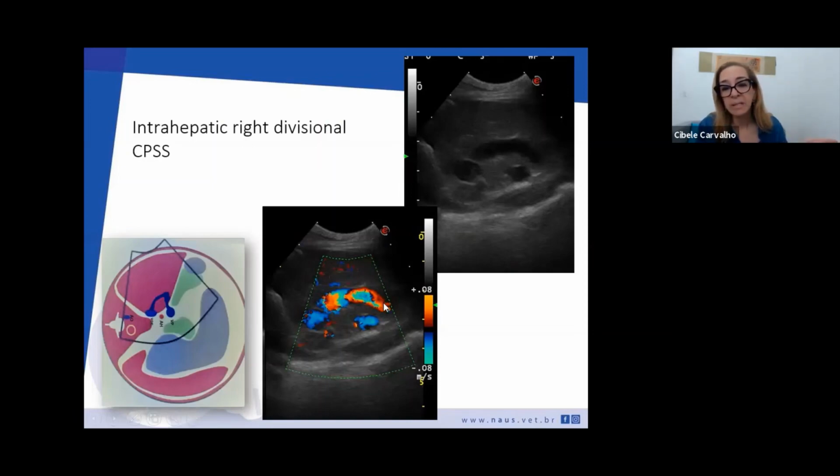We can see the direction of this blood, with red going up and blue going down, and this mixing of colors means that something is turbulent, so it's draining into the caudal vena cava abnormally.